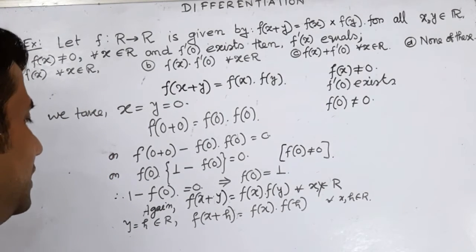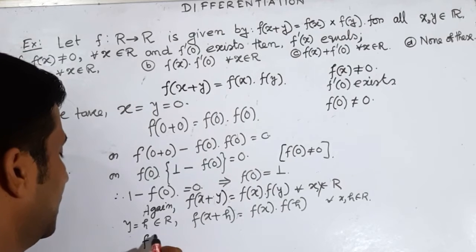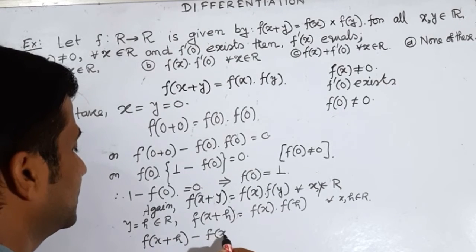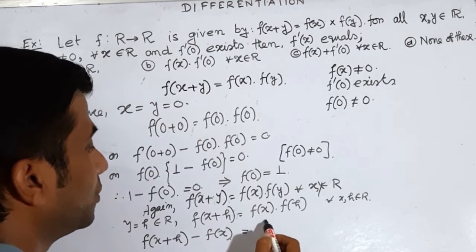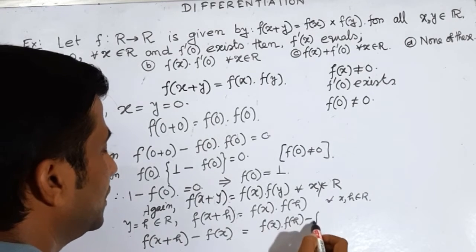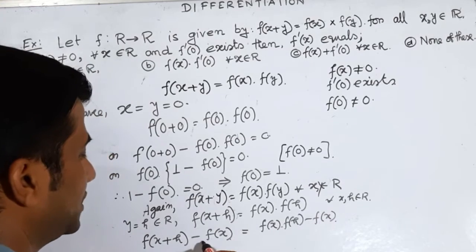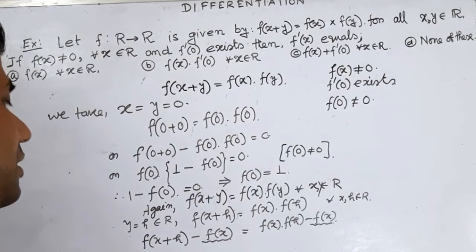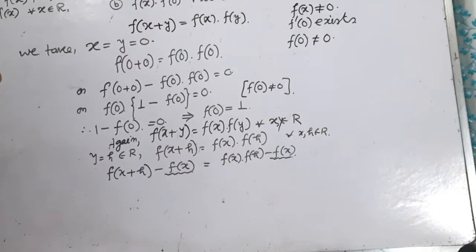Now subtracting f(x), f(x+h) minus f(x) is equal to f(x) into f(h) minus f(x). Taking common f(x), we get f(x) into (f(h) minus 1).